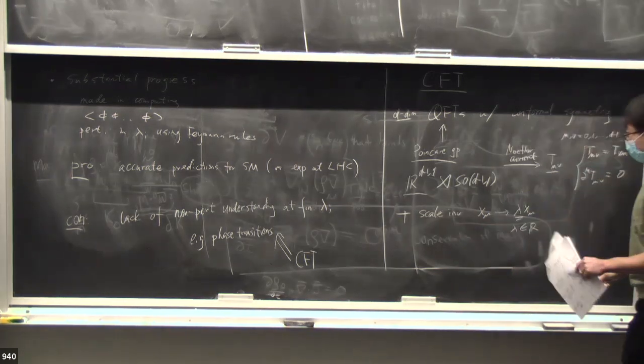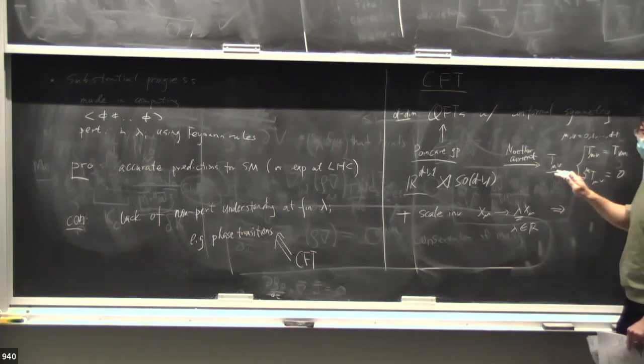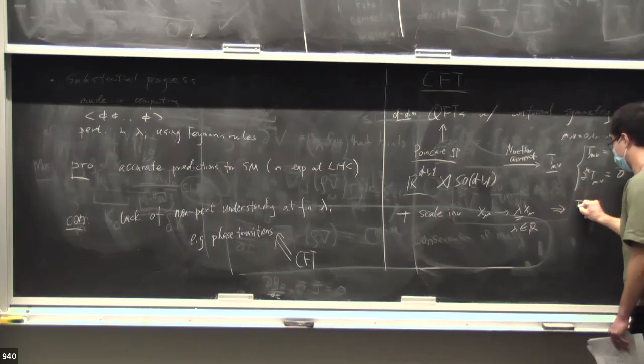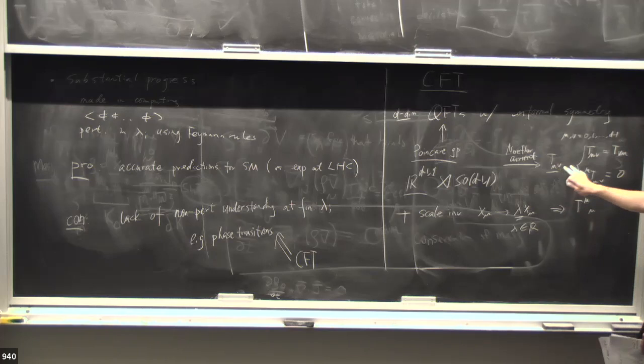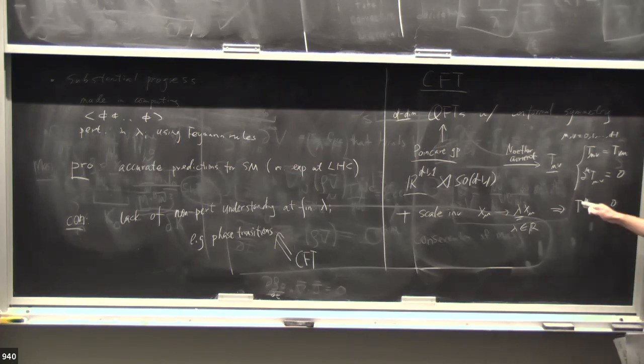Up to some caveats, this will imply an additional Ward identity, by running the same Noether procedure. You find that the additional Ward identity says that this symmetric rank 2 tensor is also traceless. Here I'm using the Einstein convention where the indices are summed over.